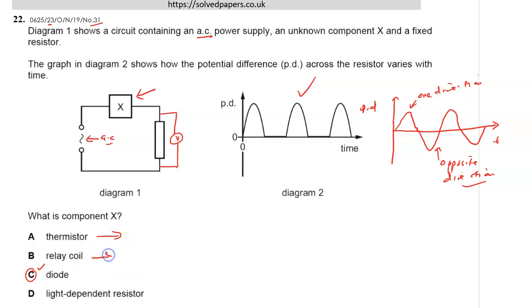A relay is an electromagnetic switch, which also does not block current in either direction. And a light dependent resistor is one that varies with light intensity. So the only component that will block current in one direction and allow it in the other is the diode. So that's it for this electricity paper.